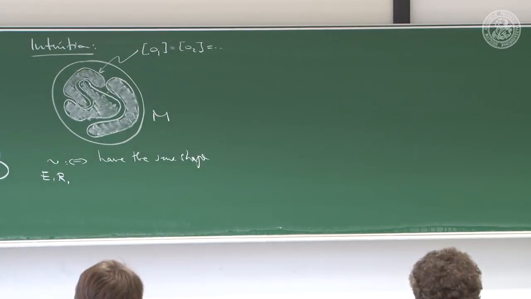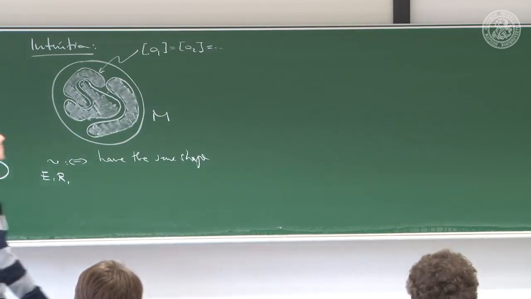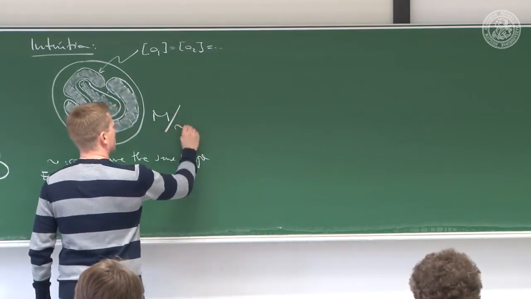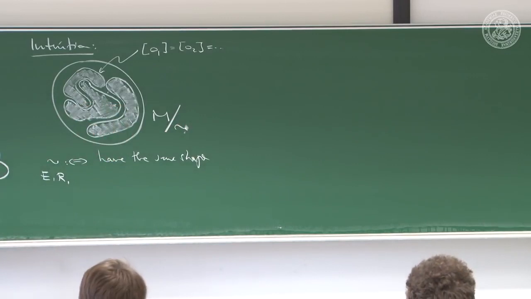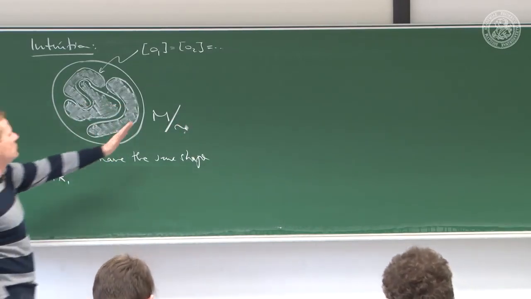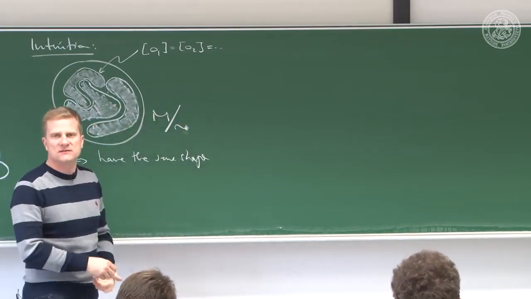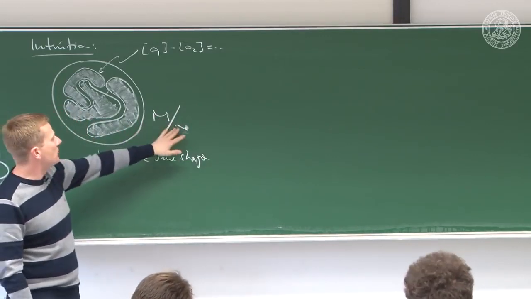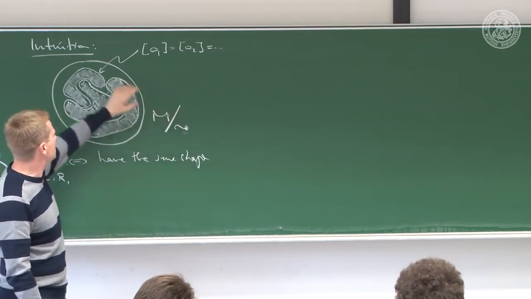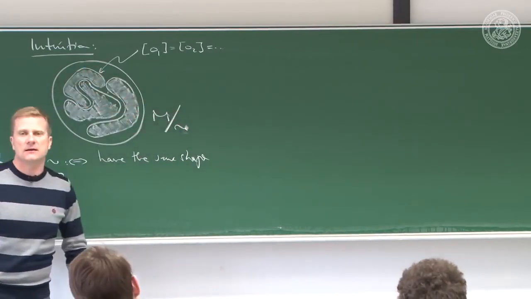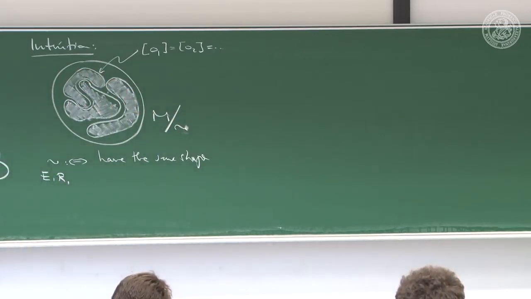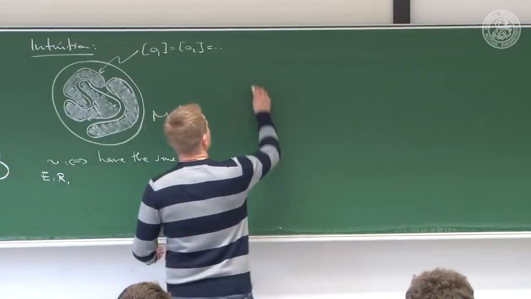Well, that's no longer the set M, because the set M was what was there before. This is then the quotient set. So the set you see here is the set M modulo twiddle. Well, this is obviously just a symbol, but this M modulo twiddle is the set whose elements are the equivalence classes.